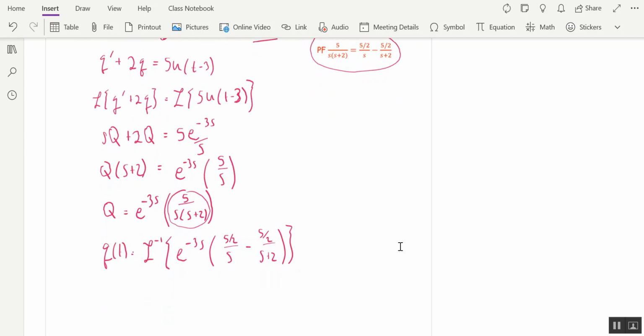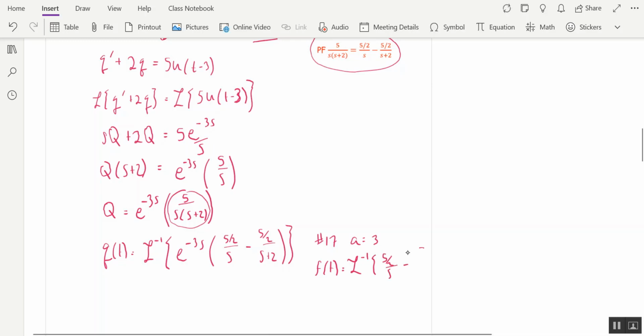Okay, so now we're up to number 17 with a equal to 3 and f of t equal to L inverse of 5/2 over s minus 5/2 over s plus 2. Okay, that's 5/2 minus 5/2 e to the negative 2t.